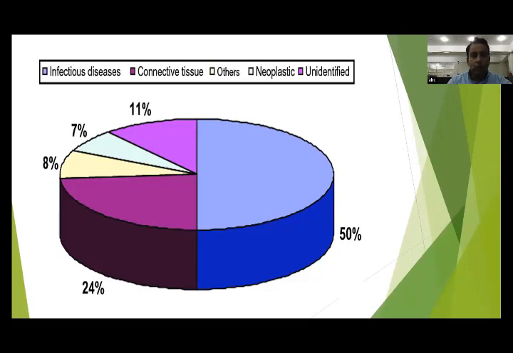24% is in the territory of connective tissue disorders like SLE, rheumatoid arthritis, polymyositis, dermatomyositis, systemic sclerosis.